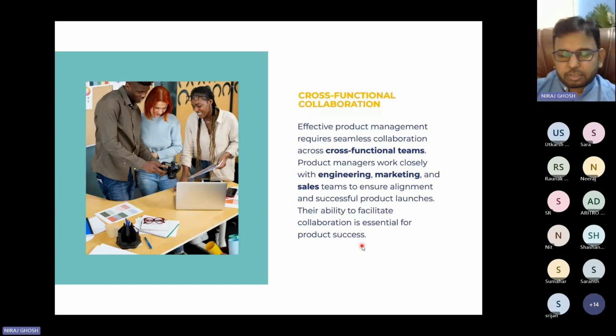So in order to ensure the success of the product, there are different roles that a product manager has to play. It involves interaction with the engineering teams, marketing teams, sales teams, and again with the customers and the customer success team as well.